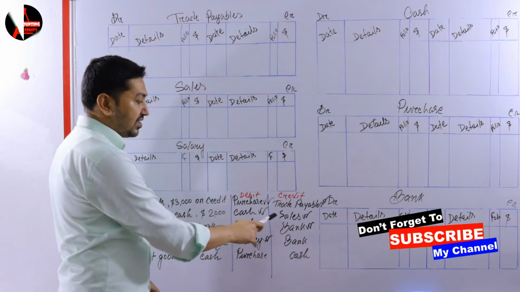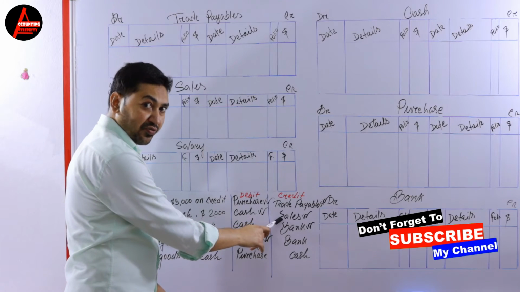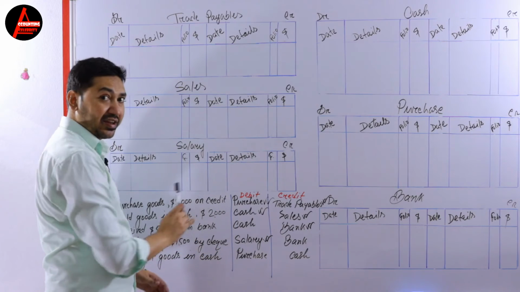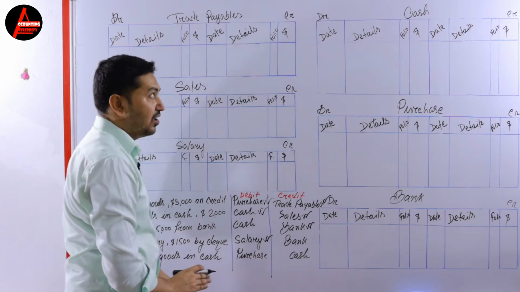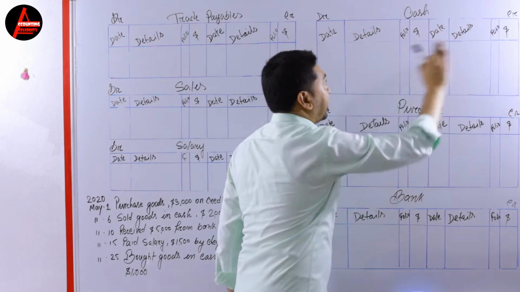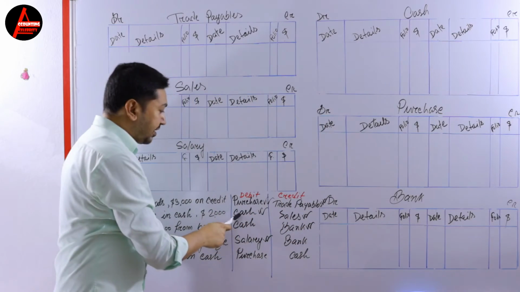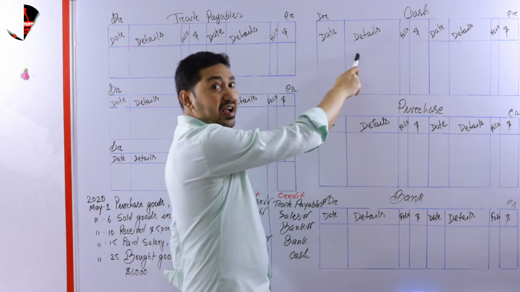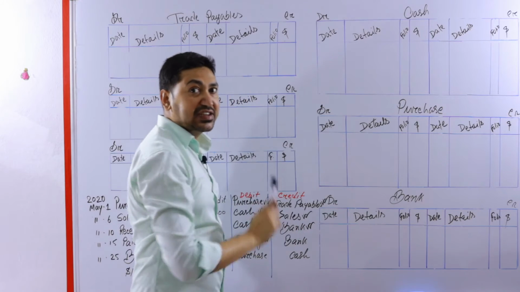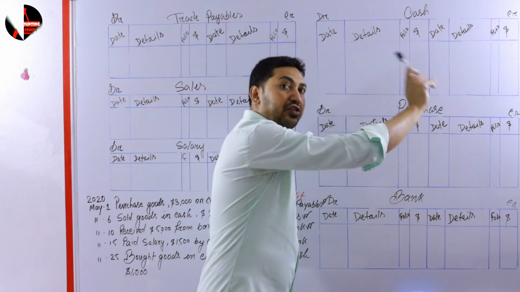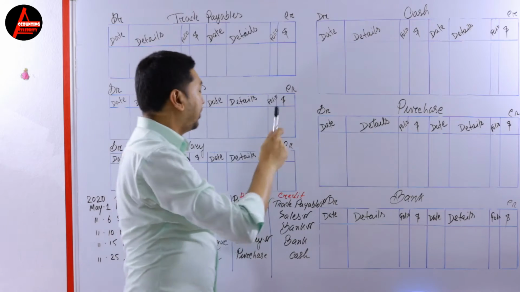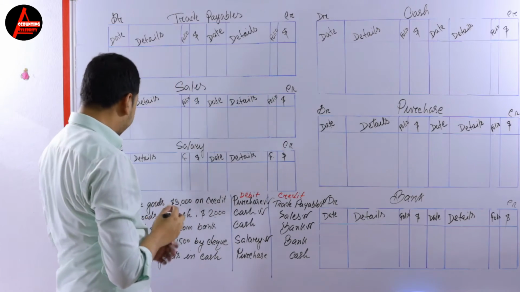Cash to be debited, sales to be credited. So cash is debited here. There are two sides, credit side and debit side. When cash is debit, we write it on the debit side. When cash is credit, we write it on the credit side. So in this transaction cash is debited.